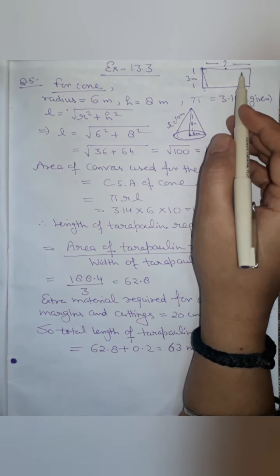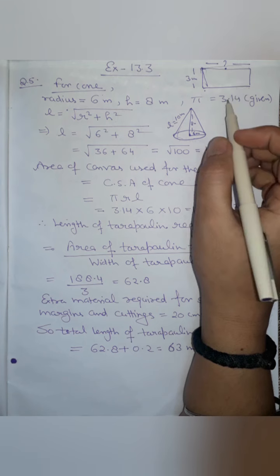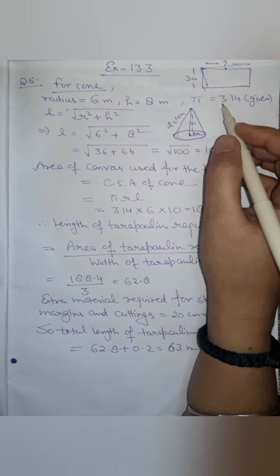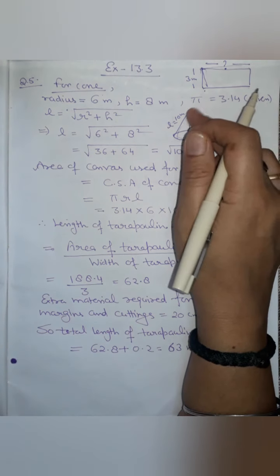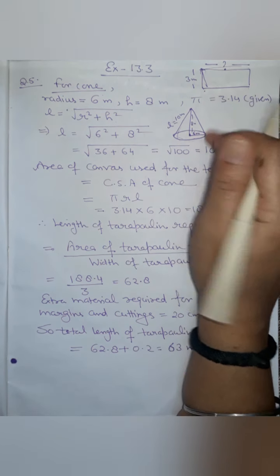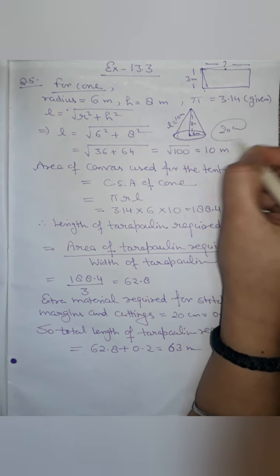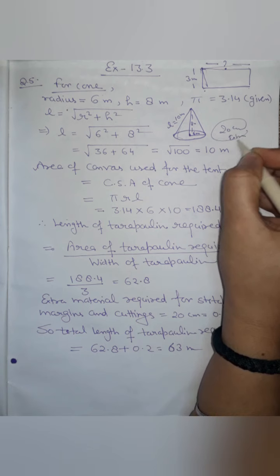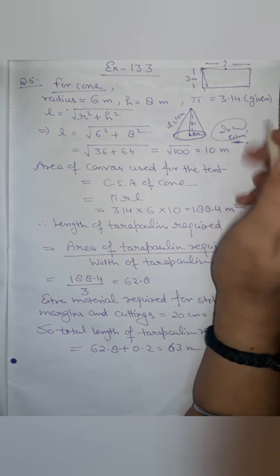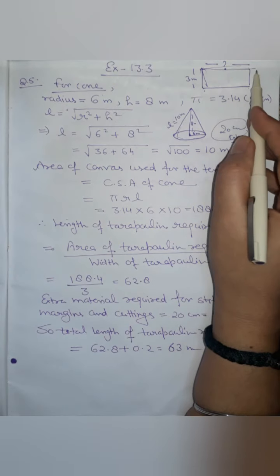And one more thing is given, that assuming the extra length of material required for stitching margins and wastage is approximately equal to 20 centimeter. It means while making this conical tent from this tarpaulin cloth, 20 centimeter extra cloth is required for making the margin apart from this length.